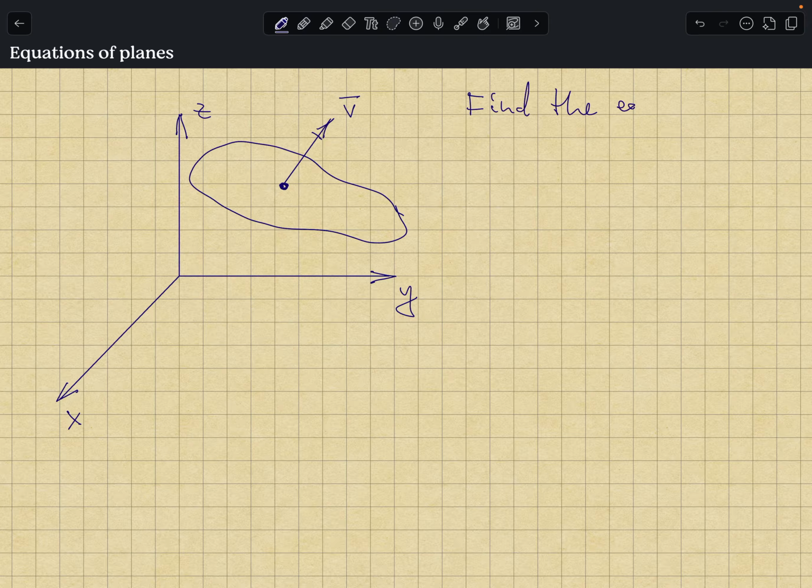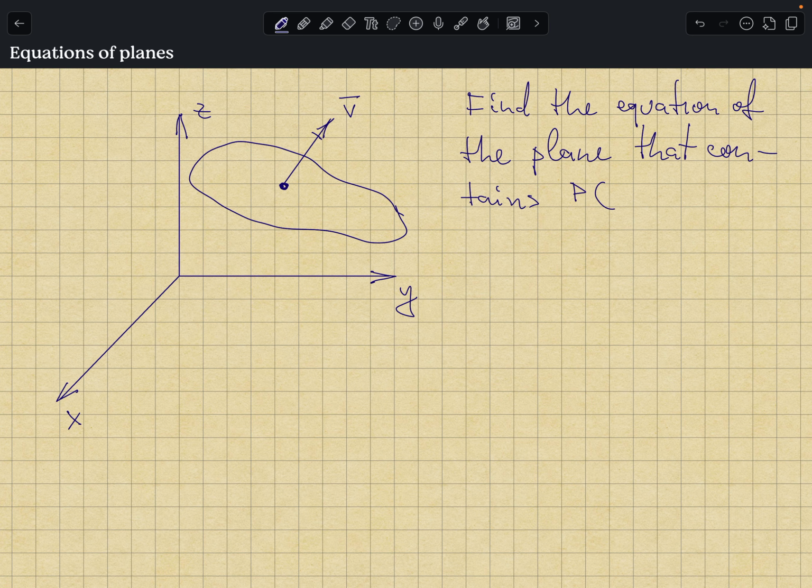Find the equation of the plane that contains a point P with coordinates x0, y0, and z0, and the plane is perpendicular to the vector V with components A, B, and C.